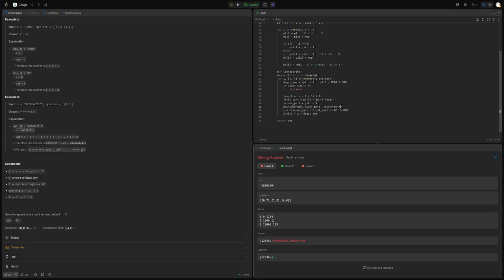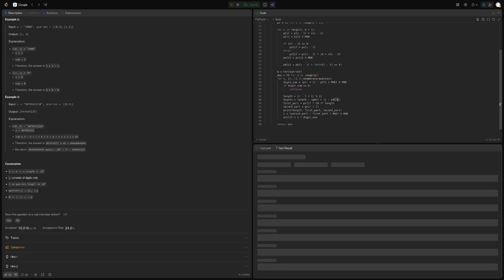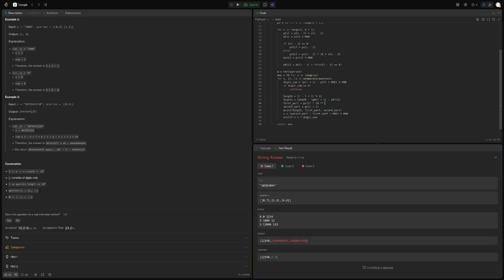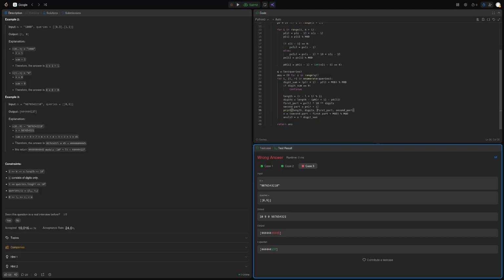So for the second query we get, wait, so it's the length of this minus, so that's a length, and now digits is length minus p0 r plus 1 minus p0 l, I think, and then this is digits, length digits. Okay, so now just the last didn't work.